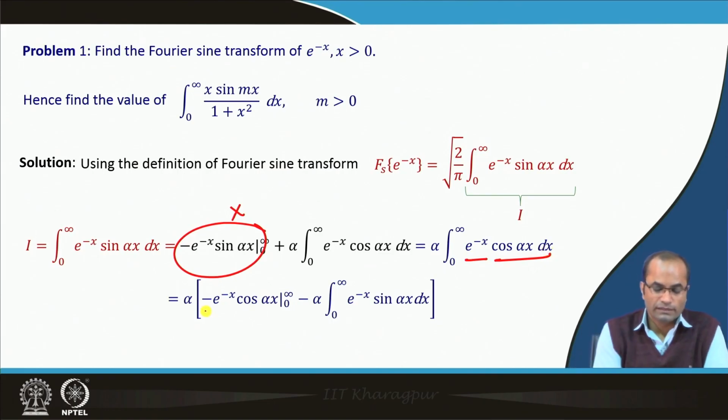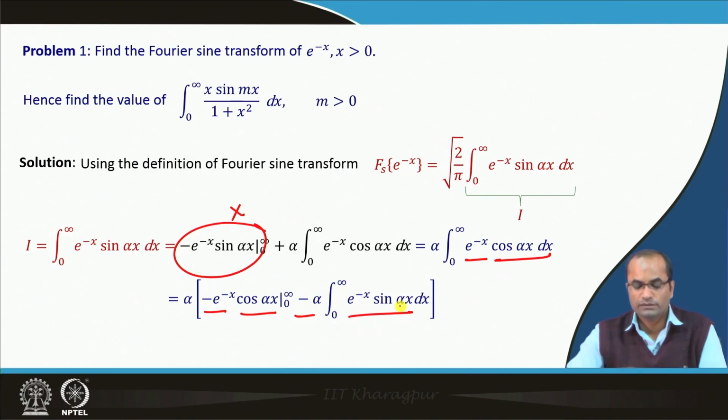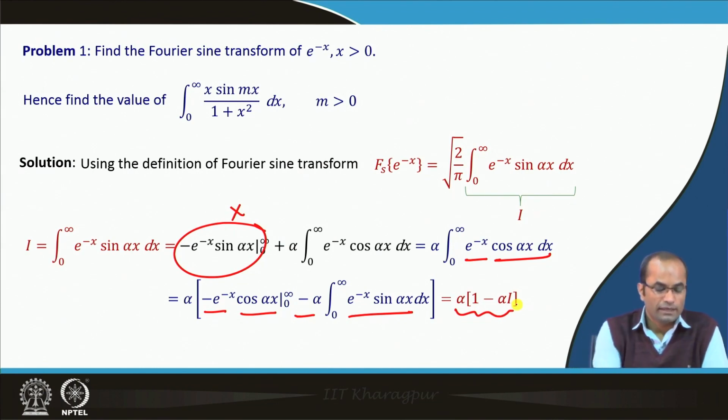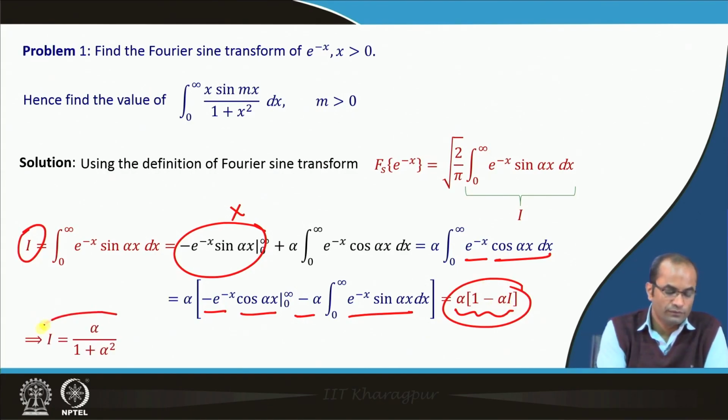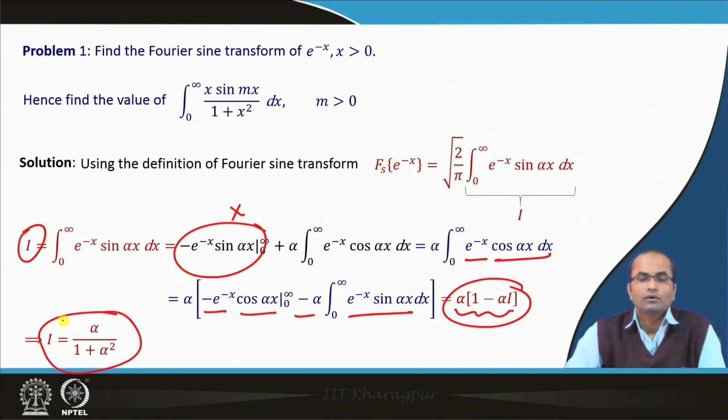So, we have this minus e power minus x and then cos(alpha x), and again the same argument to get this result. Finally, we get alpha times (1 minus alpha I), and this was the result in terms of I itself. So, we can bring the I to the other side, and finally we conclude that this I is alpha over 1 plus alpha square.